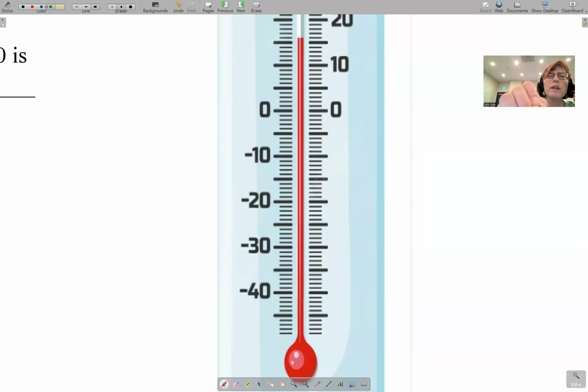So we have here, that's going to be 16, and you're supposed to go down 20.